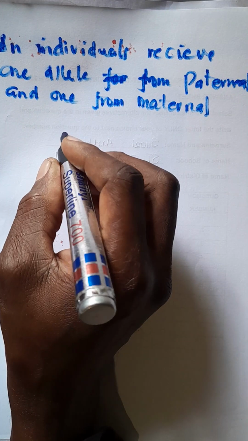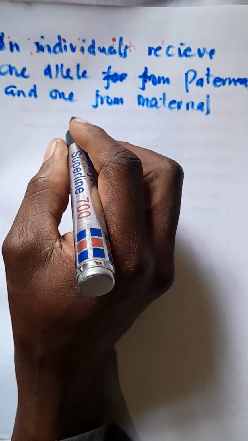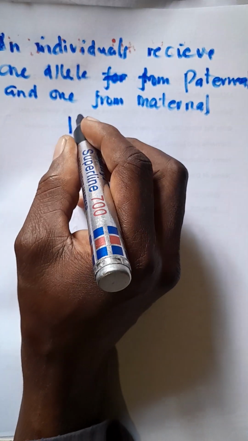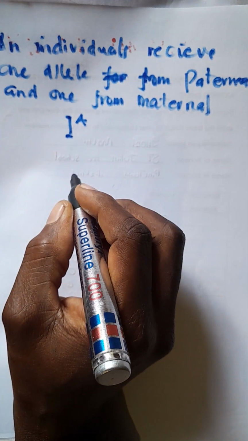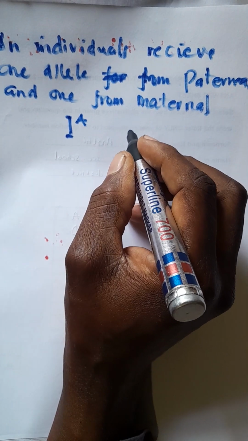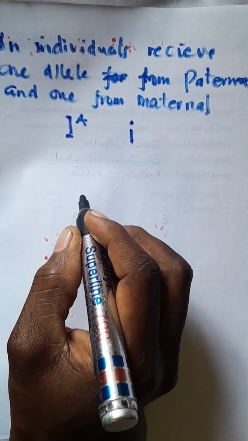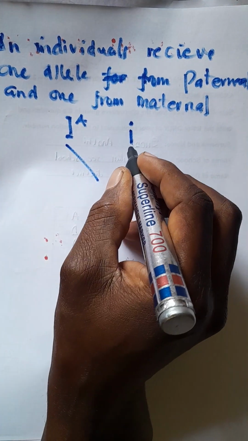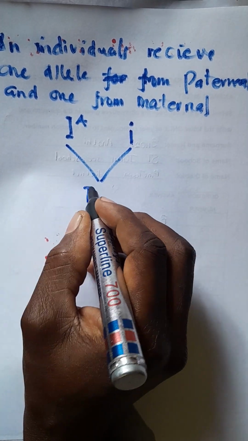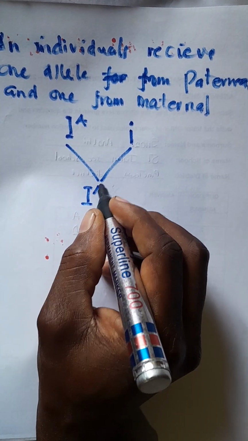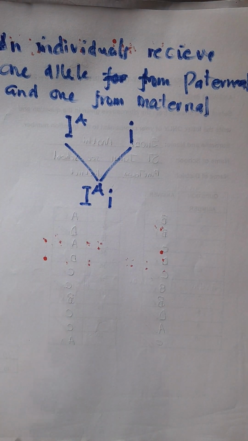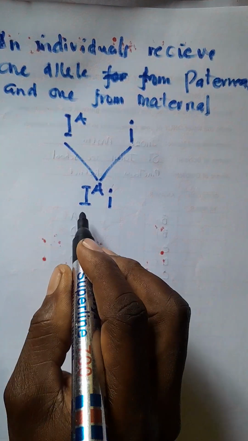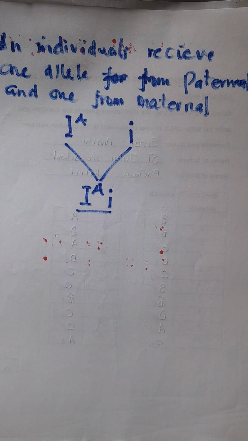This is what actually happens. Maybe you received this allele from your mother, and this allele from your father. So these two come together. Then you, as an individual, are going to have this combination as the genotype of your blood type, which in this case is going to be blood type A.